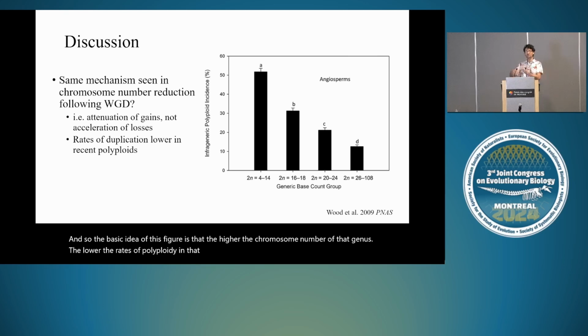And since whole genome duplication drives chromosome numbers up, basically what that means is that after a whole genome duplication, you're not likely to have another whole genome duplication right away. Following a whole genome duplication, rates of chromosome number increase are likely to be attenuated. So we could see that a similar mechanism where chromosome number reduction following whole genome duplication results from a rapid rate of descending disploidy accompanied by restricted rates of whole genome duplication and probably ascending disploidy as well.